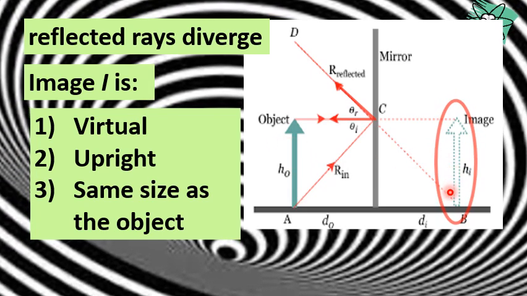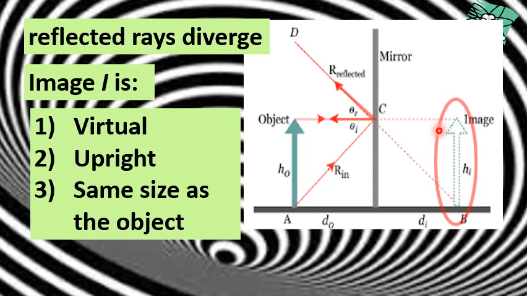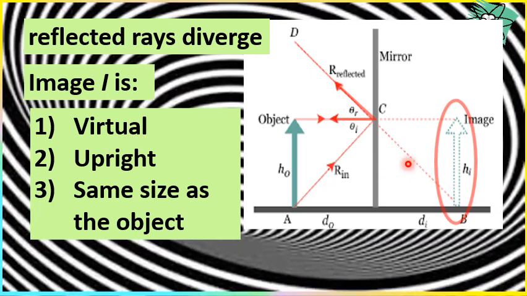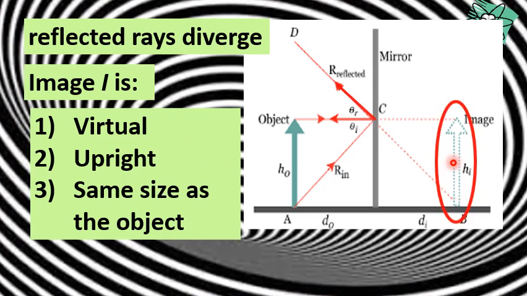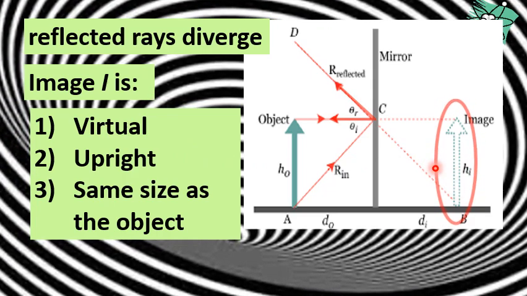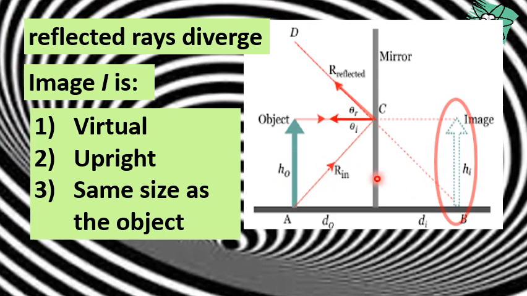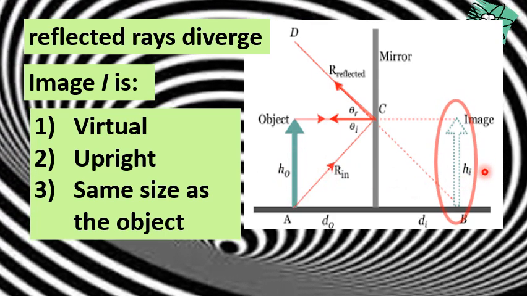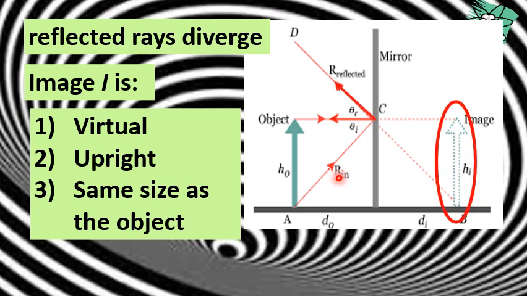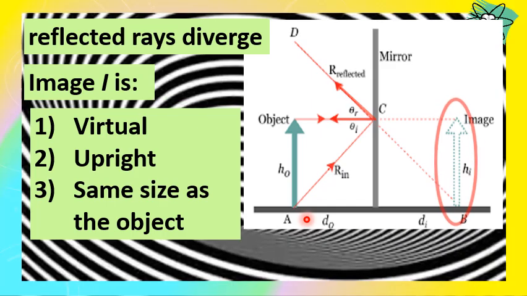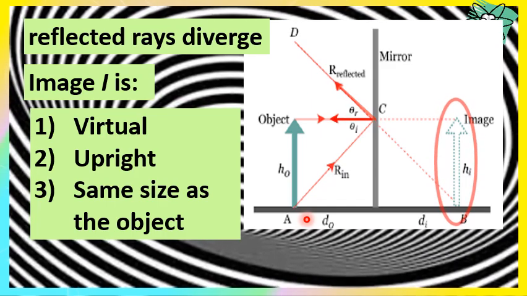And since it is formed behind the mirror, that's why it's called a virtual image. And its size is just the same as the size of the object. That means hi, or the height of the image, is just equal to ho, the height of the object.